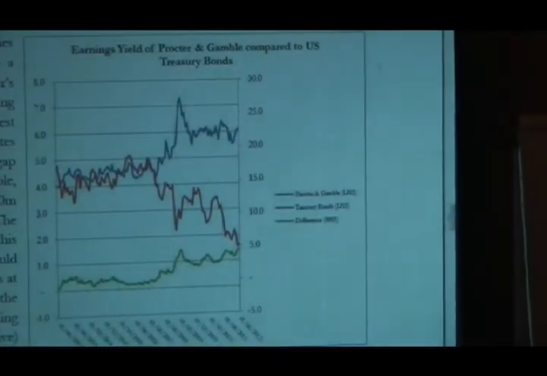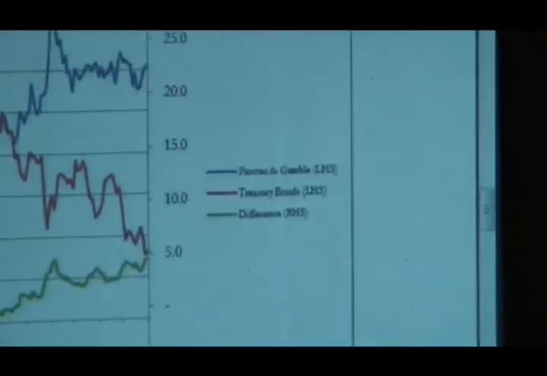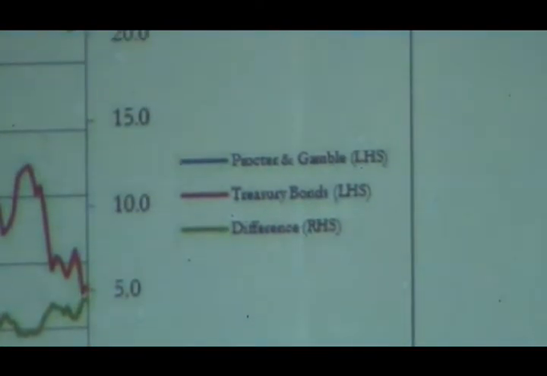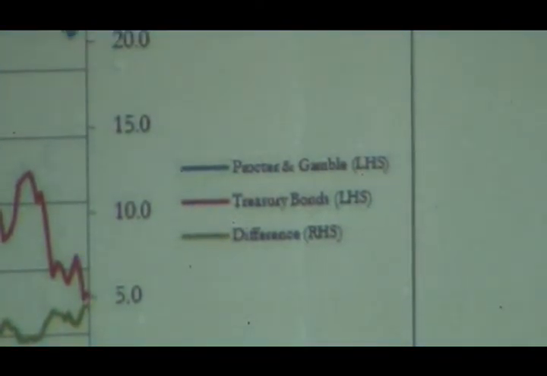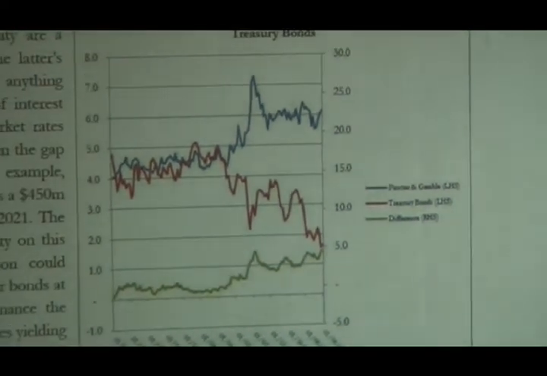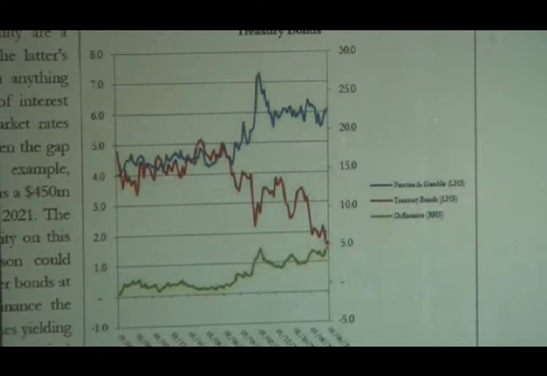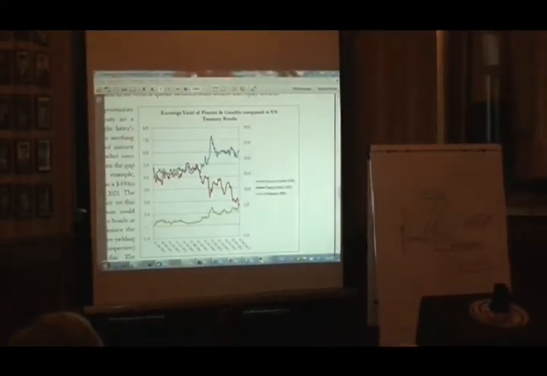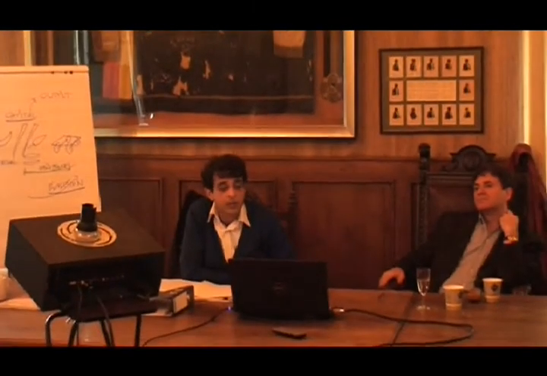The earnings yield of Treasury bonds is just its interest rate, its market rate of interest, because companies like Procter & Gamble can issue debt at pretty much close to the US government's market rate of debt. And here, this green line at the bottom is the difference in the earnings yield between Procter & Gamble and Treasuries.